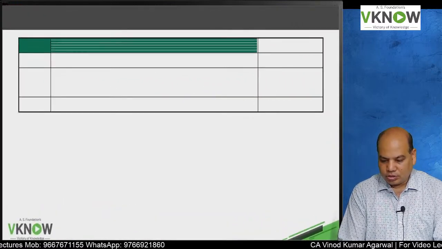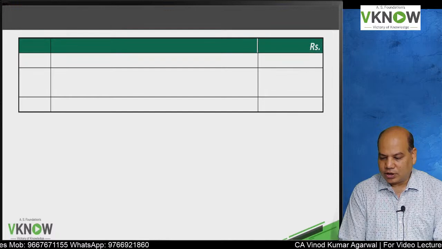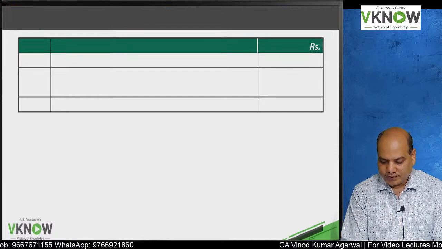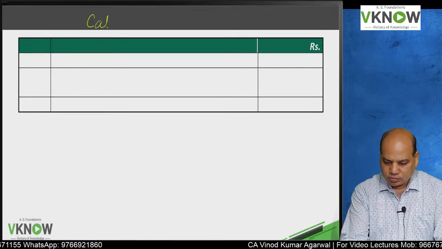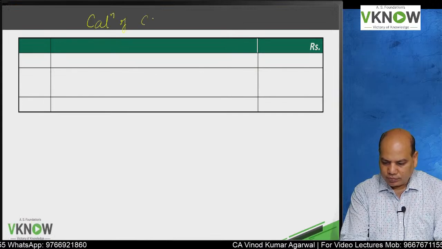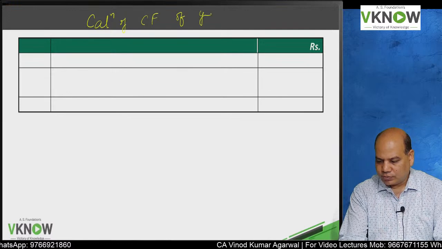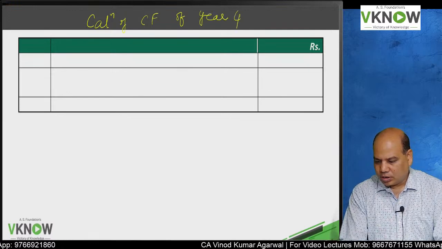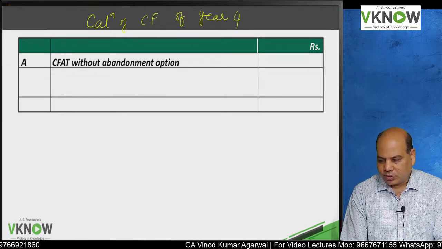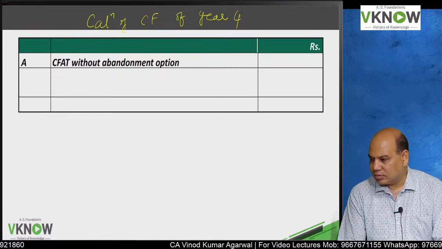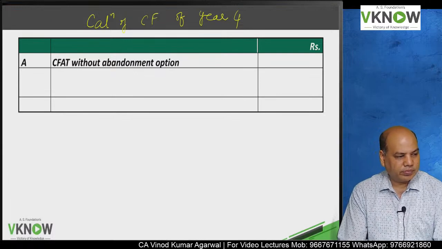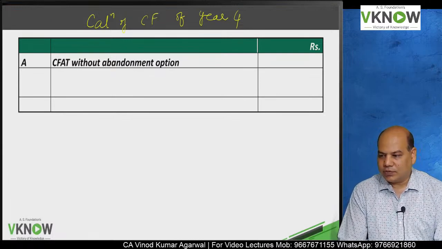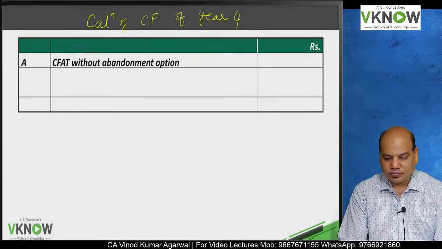Write down working note, calculation of cash flow of year 4. First write down CFAT without abandonment option.